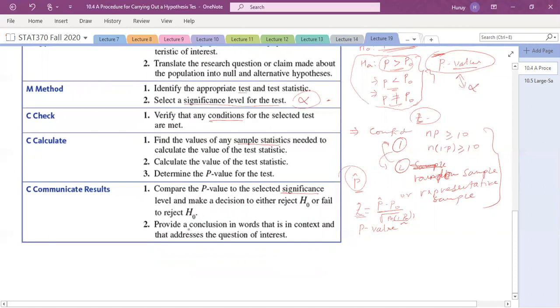And then at the end, provide a conclusion in words that is in the context and that addresses the question of interest. So you have to give the conclusion in the context of the problem, because the problem is not going to say which one do you accept.